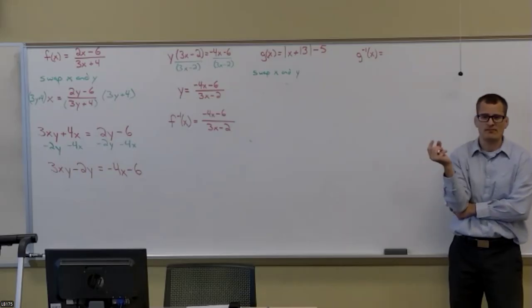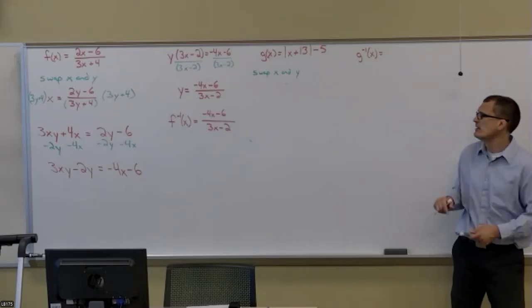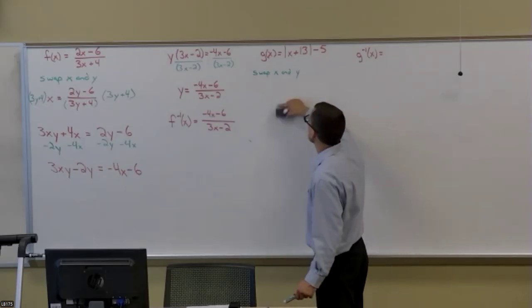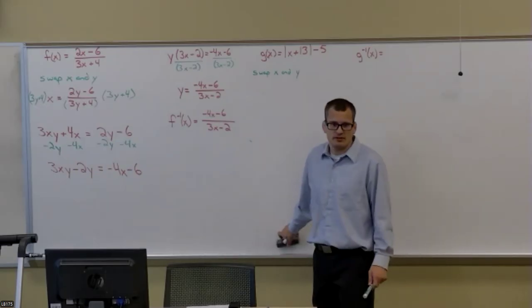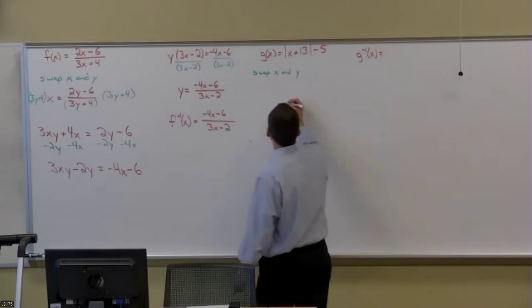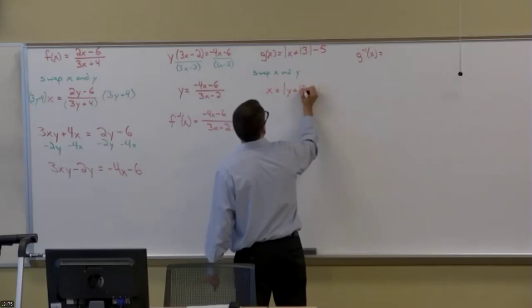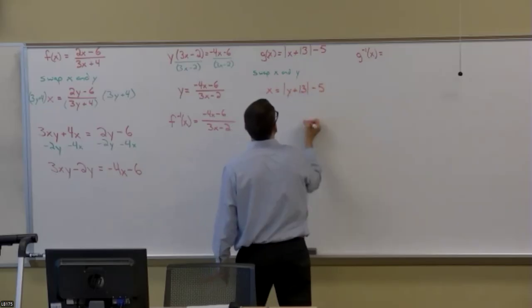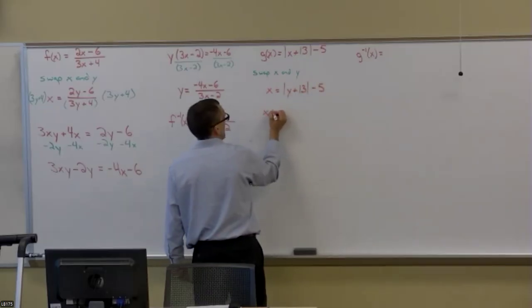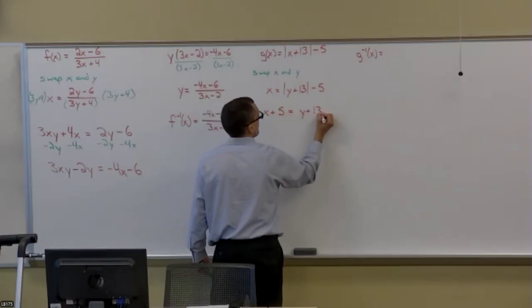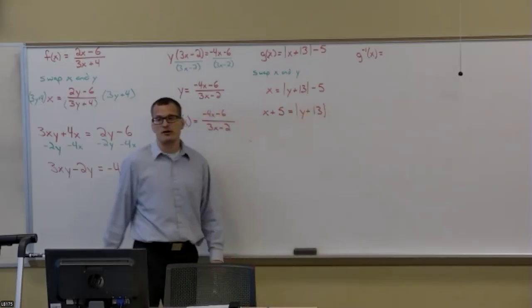Are you okay with that? So we get the y's on one side, everything else on the other. I'll go through this one real quick. Probably going to take me a minute. You can just watch if you want. What I would do is swap x and y. Then we'd add 5 to both sides. And then we'd restrict the domain.